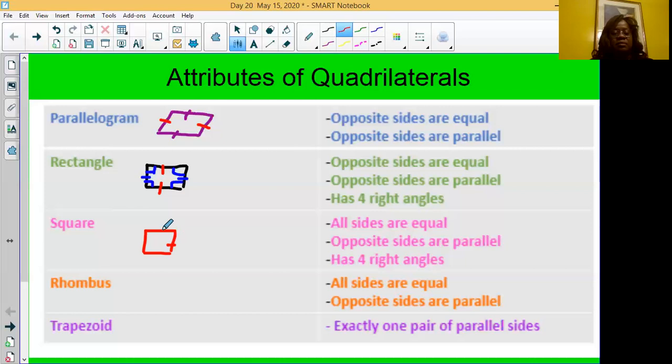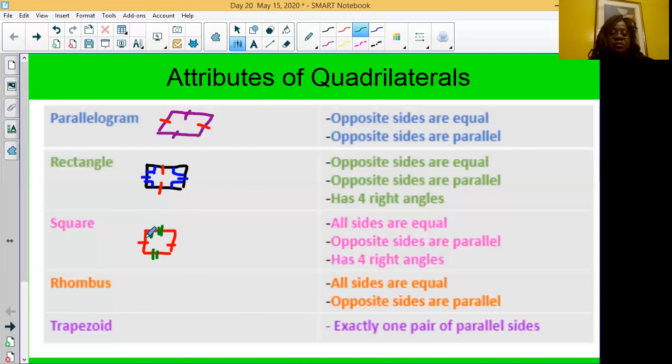So each side is equal, but this side is parallel to this side. And this side here is parallel to this side. Okay. A square also has four right angles like the rectangle.